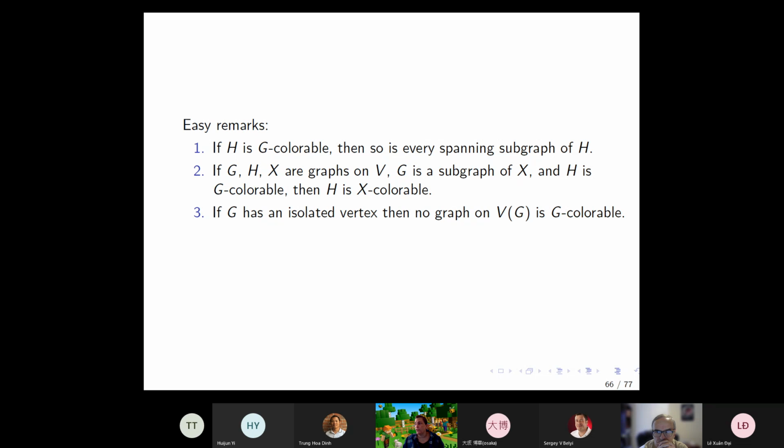If H is G-colorable, then so is every spanning subgraph of H. If I remove edges, I'm good. Adding edges might make something less colorable.